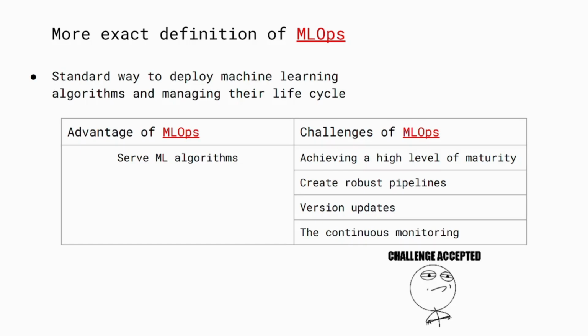To define MLOps, it can be said that MLOps is now the standard way to deploy machine learning algorithms and managing their life cycle. And the advantage that we have with MLOps is deploying ML algorithms to a server and scaling projects for real-world use.